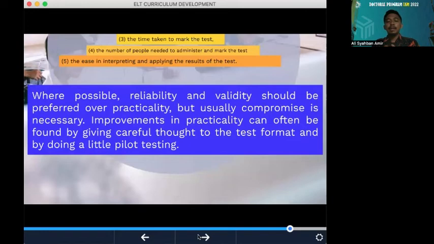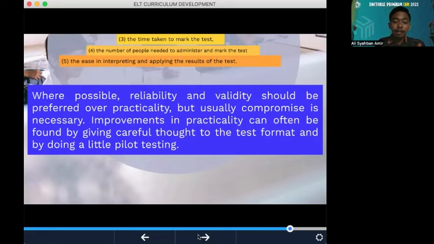Where possible, reliability and validity should be preferred over practicality, but usually compromise is necessary. Improvements in practicality can often be found by giving careful thought to the test format and by doing a little pilot testing.